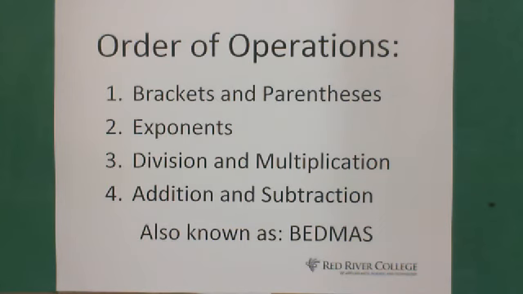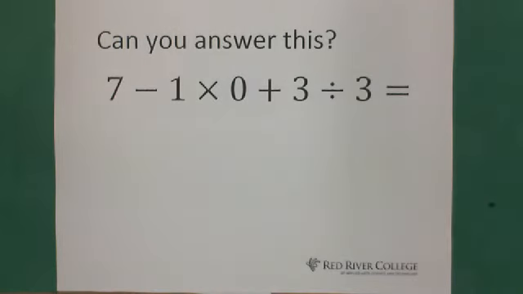So what about that question that appeared on my newsfeed? Why don't you give it a try before I answer it? Do I see any brackets? No. Exponents? No. Division and multiplication?